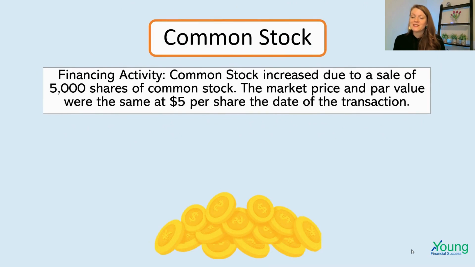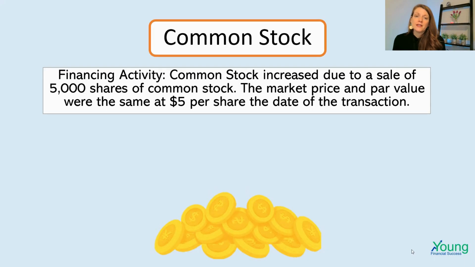Then we look at common stock, and we're just going through the additional information and looking at the comparative balance sheet with each of these. So a financing activity, anytime that we issue new common stock or we pay back owners, that's a financing activity because it's a way that we got money, right? Not through normal business operations. So common stock increased due to a sale of 5,000 shares of common stock.